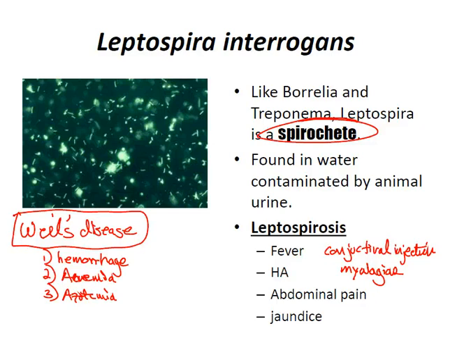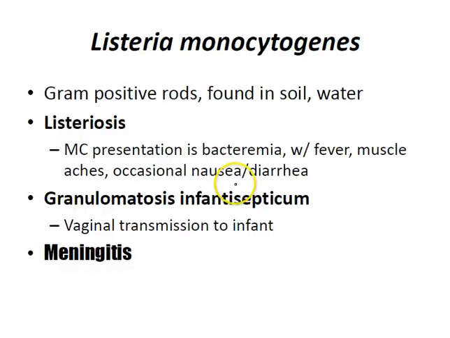That is what you will see extra in Weil's disease, which is a much worse form of leptospirosis. So every time you see jaundice, don't just jump straight to the biliary tract, even though that's where it's usually coming from.